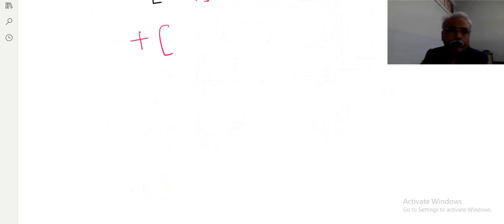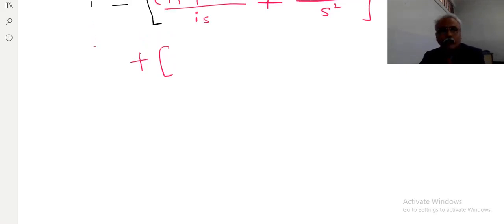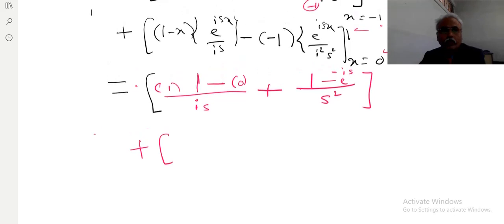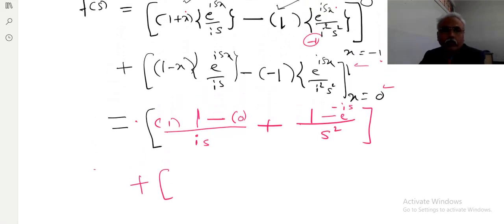This term is already written. This term I am writing. First, wherever x is there, x equal to 1.